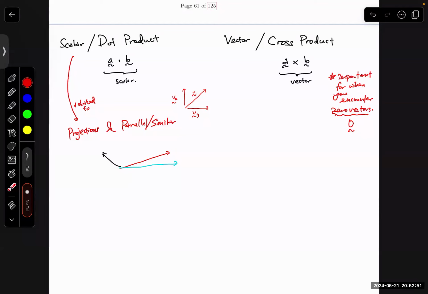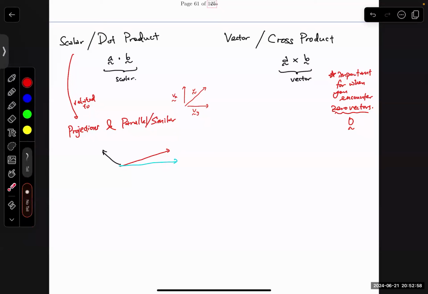How to use this to our advantage is simply, let's say somehow I can find the dot product of these vectors. Let's call the red vector R, then the black vector will just be B. Let me change this to green so that they have different letters. So this is the green vector, this is the red vector, this is the blue vector. Let's say somehow I know how to calculate the dot product.